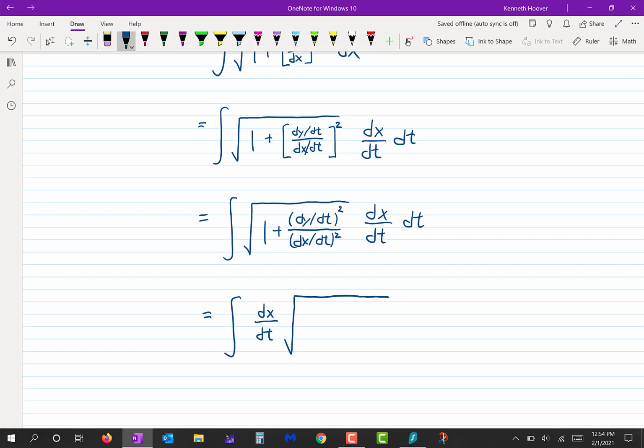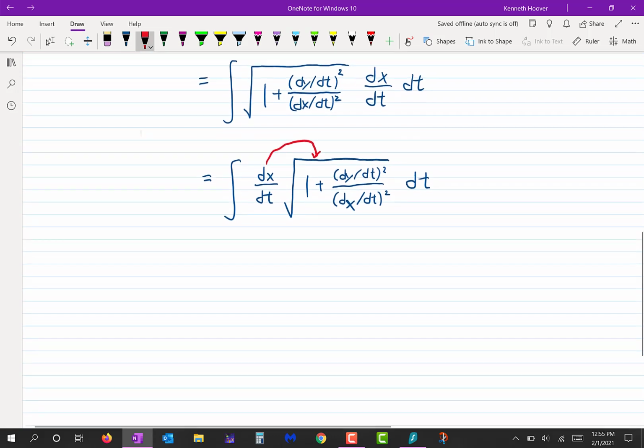I'm not doing any math here, I'm just moving it. I mean, technically that is math, but what I mean is I'm not changing any of the players that are on the stage. I'm just rearranging them. Now let's distribute this dx/dt into the square root.